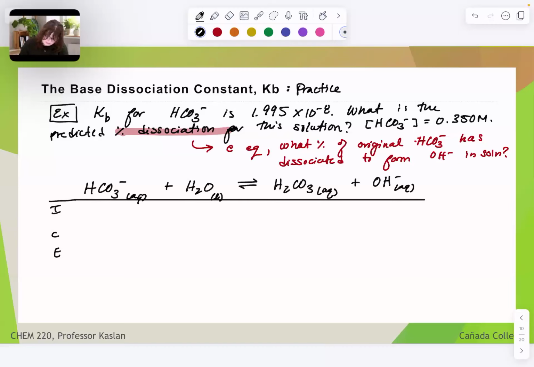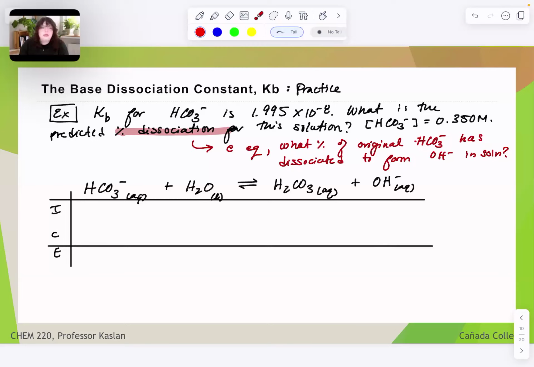Okay, let's set up an ice table. Initially, before this dissociation in water occurs, the original concentration of the bicarbonate ion is 0.350 molar. Water, again, is kind of not counted.